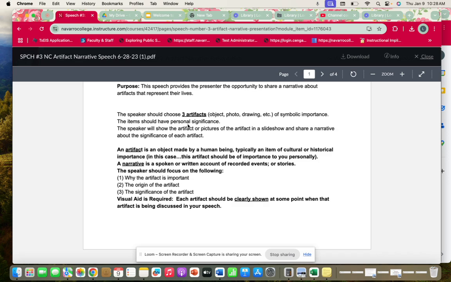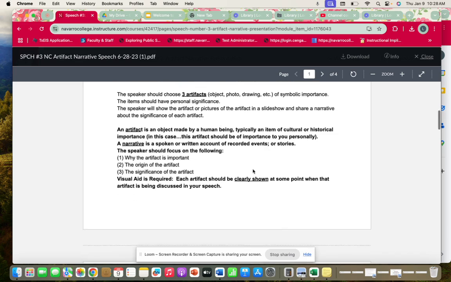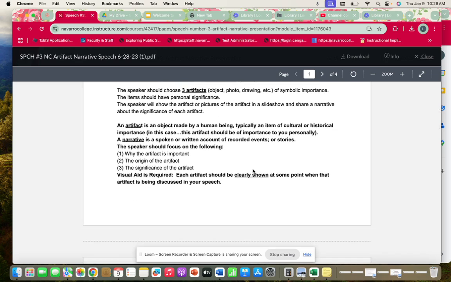You will show these 3 objects when it's appropriate throughout your speech. The artifact narrative presentation requires you to use 3 objects. The items should have personal significance, and you will tell us how that object has significance. You can use the actual object, or you can use a slideshow with pictures of the objects.